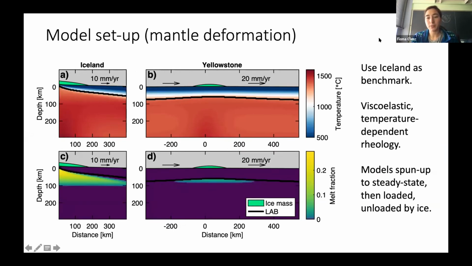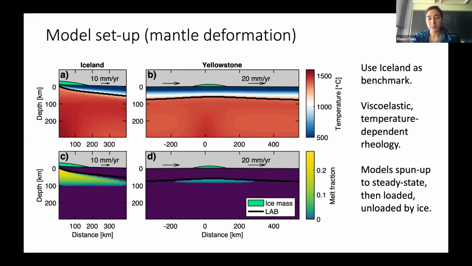Okay. These figures show how the models are set up in aspect. We're going to do both systems, Iceland as a benchmark and Yellowstone on the right, and we'll study changes in pressure and in melt generation due to glacial unloading. The models are set up in 2 dimensions.